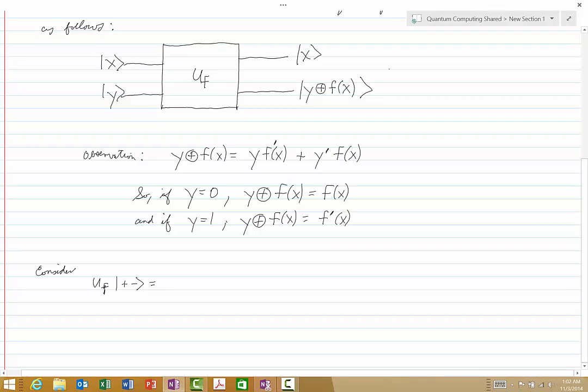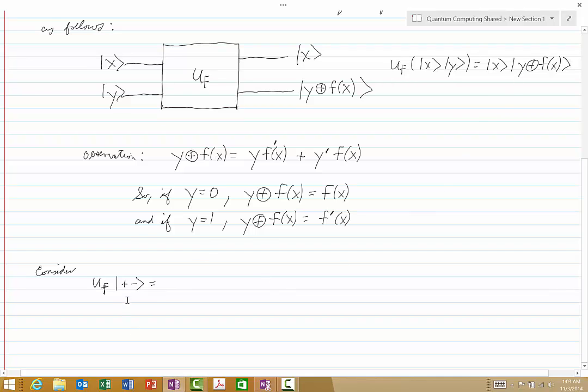This picture up here at the top of the page could be written as U_f acting on x, y is equal to x, y exclusive OR f of x. Okay, that's how we would write it. This picture represents this equation.